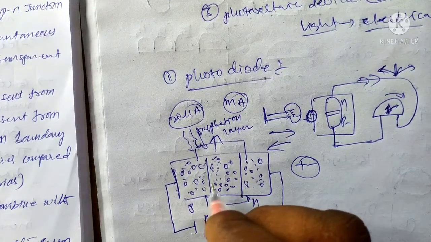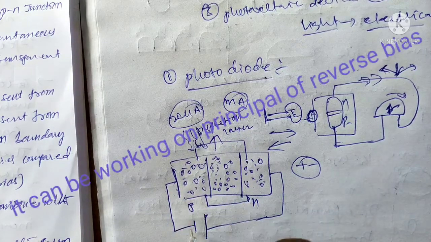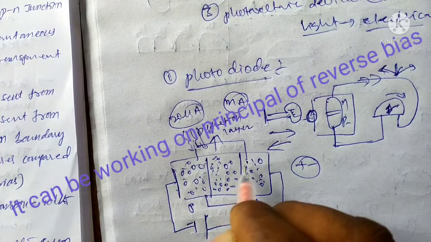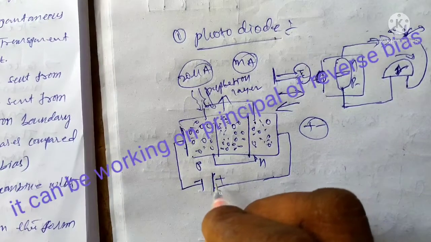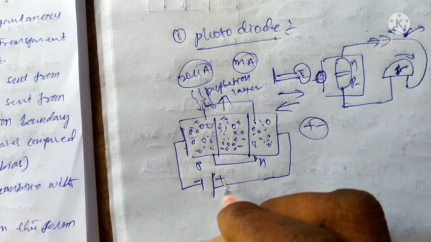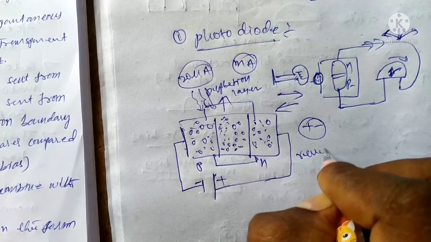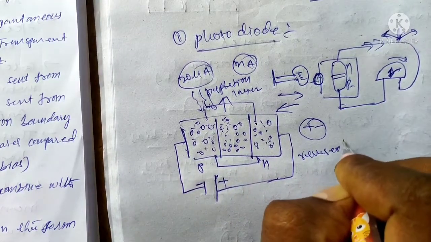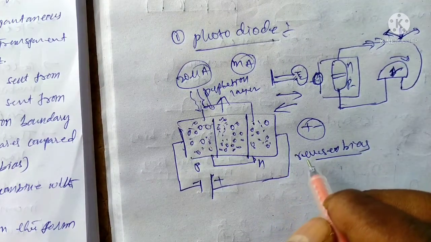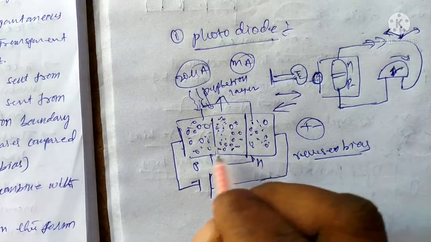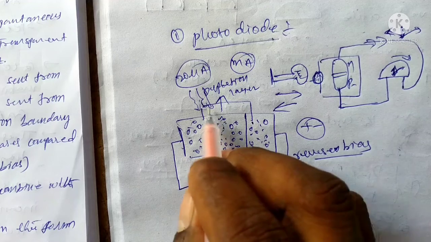The photodiode is connected in reverse bias: the p type is connected to the negative terminal of the battery and the n type is connected to the positive terminal of the battery. So the photodiode works on the principle of reverse bias.